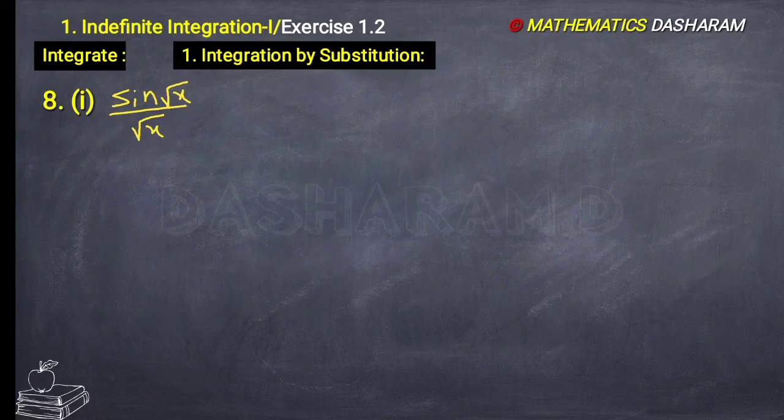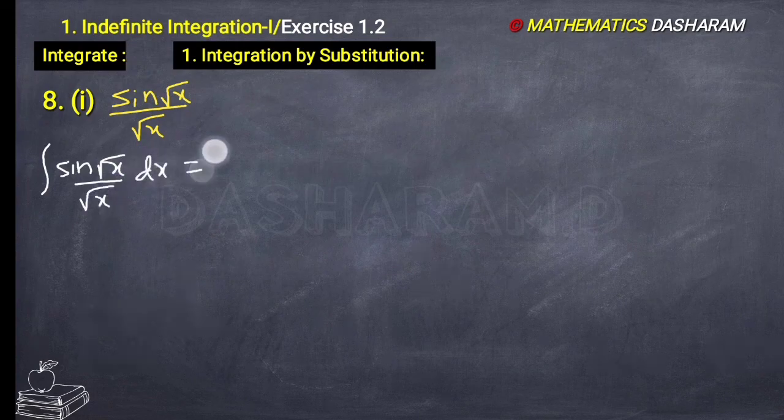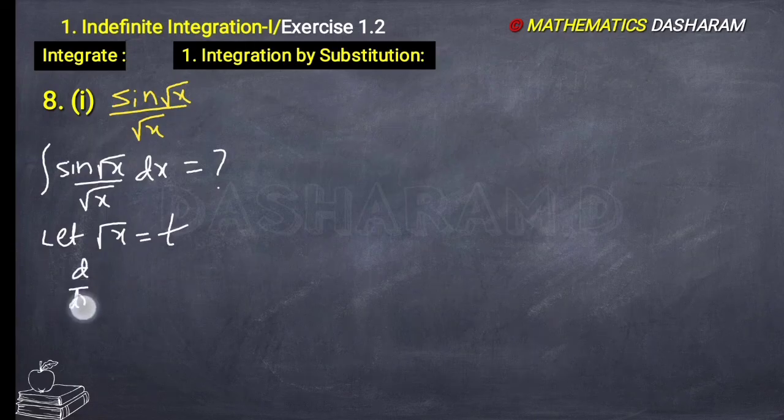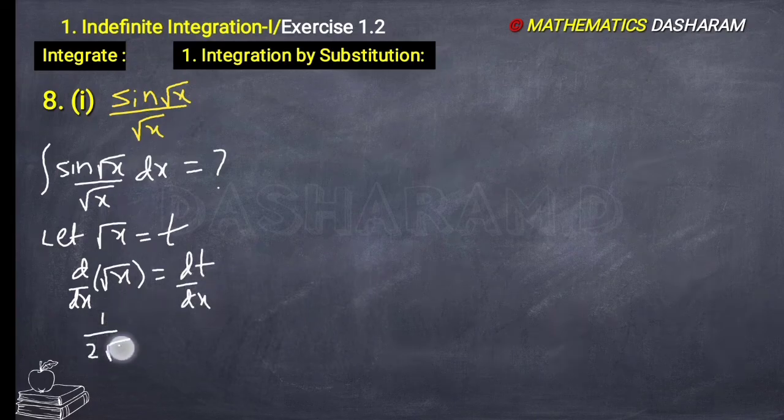Next, the first problem, sin root x by root x. So integration of sin root x by root x dx. Let's find its answer. First I am going to select root x equals t and take the derivative on both sides with respect to x. So dt by dx. The derivative of root x is 1 by 2 root x.